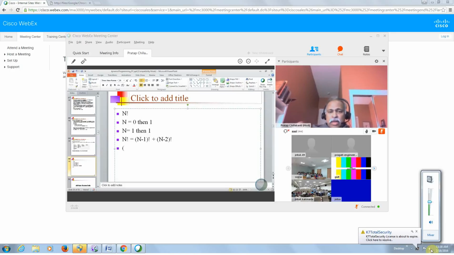So when you go to the n minus 1 in that recursion, n minus 1 factorial equal to n minus 2 factorial plus n minus 3 factorial.